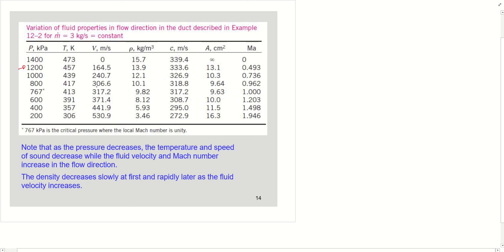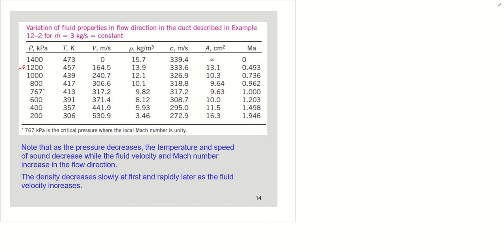Okay, from this table, basically, as we decrease the pressure, as you can see, the area keeps decreasing.